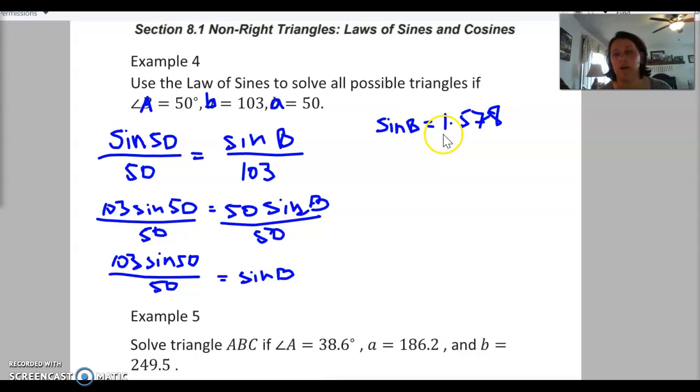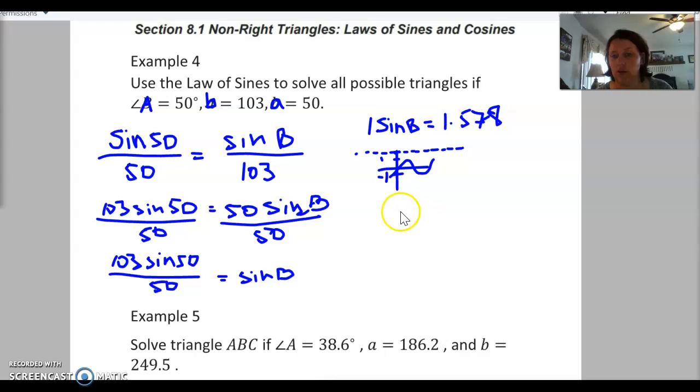This is a problem because the amplitude of the sine function is 1. There's no value of sine that's greater than 1. If you look at your graph of the sine function, it is never going to get higher than 1 or lower than -1. So sine of B is never going to equal 1.578.